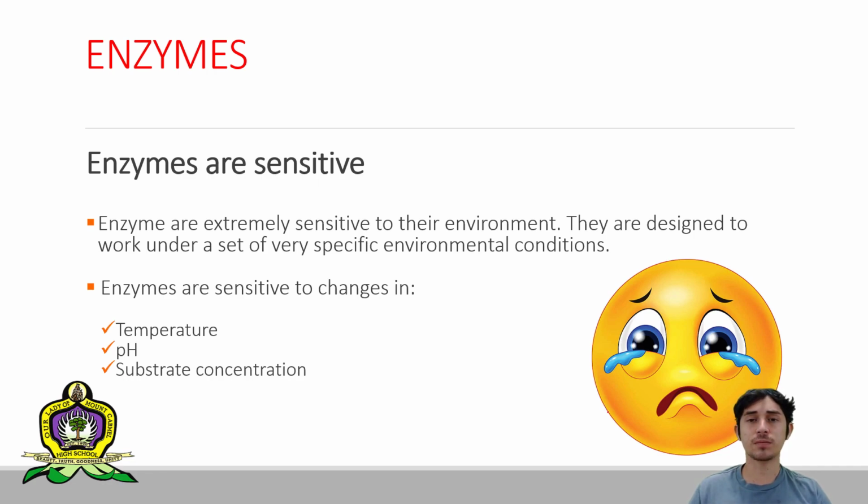Change the pH. pH means the acidity. Change the acidity of the enzyme and the enzyme will not want to work. Change the quantity of substrate that is in contact with the enzyme and it will not want to work. So enzymes are very sensitive. Anything can get them really sad, and when they're sad, they don't work.